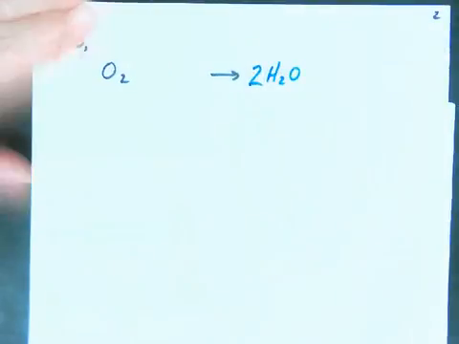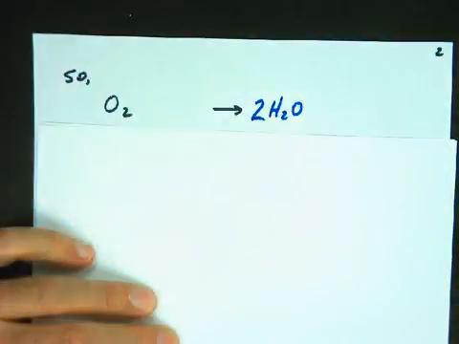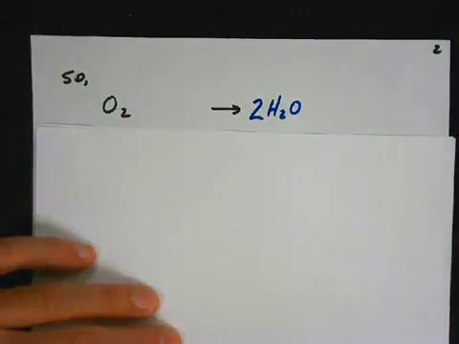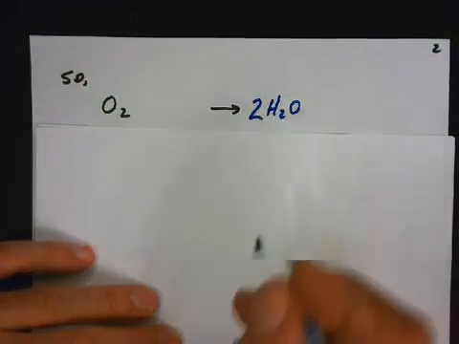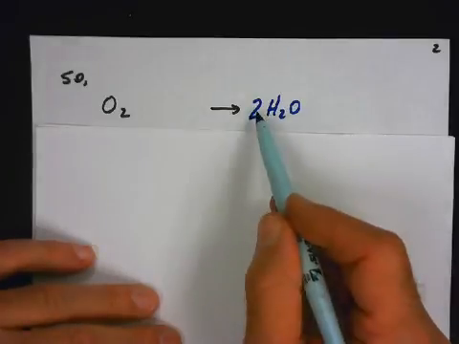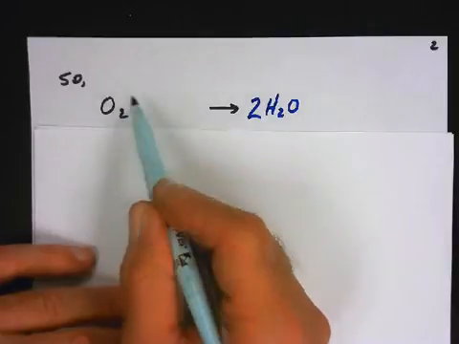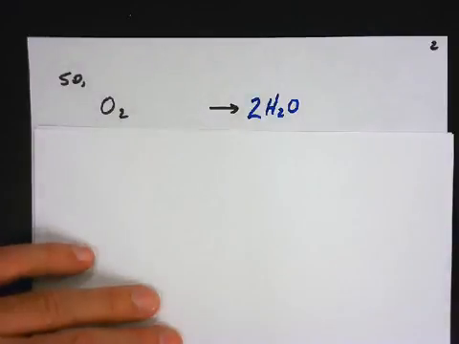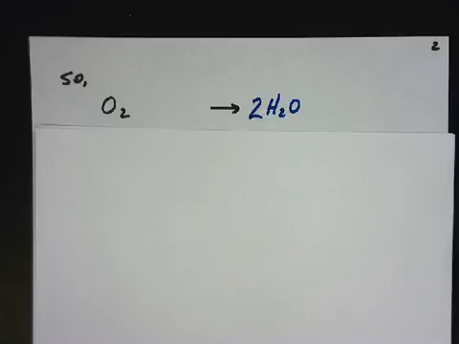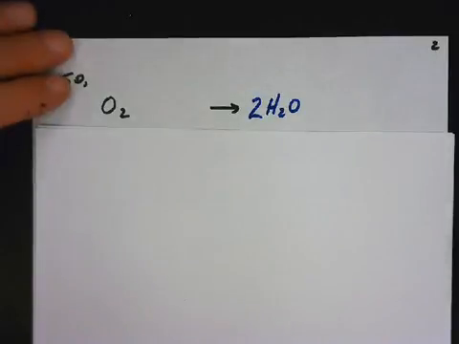So, what do we do? Well, what if I add two H2Os to the right? I add 2 because that gives us 2 oxygens on the right, which balances out our 2 oxygens on the left. But in the process of adding the oxygens on the right, I also added 2 times 2, or 4 hydrogens.